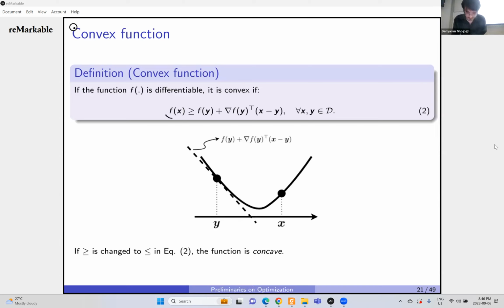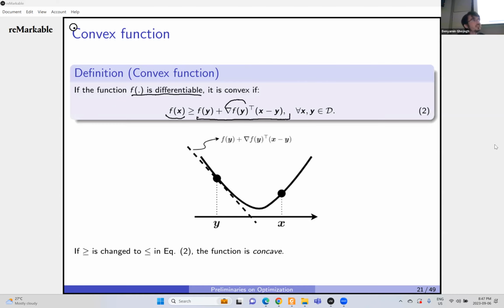There are several definitions for a convex function. This is the second definition. If f of x is differentiable, it means that I can take a derivative; it is smooth. Then this is another definition.